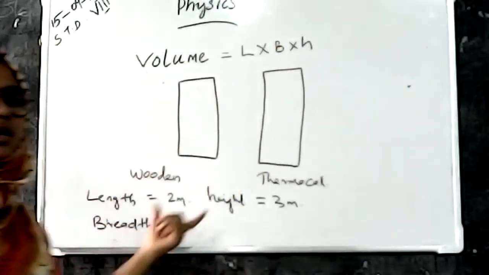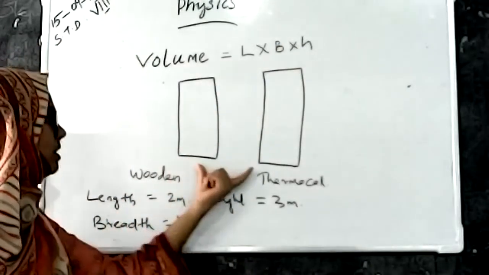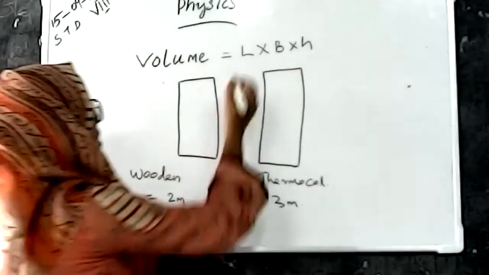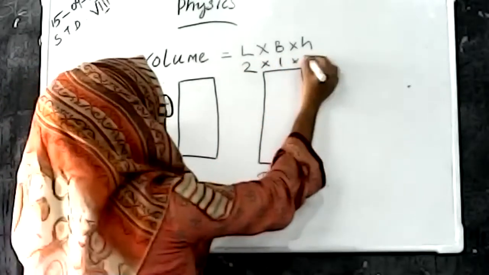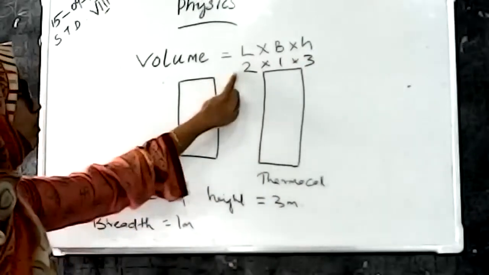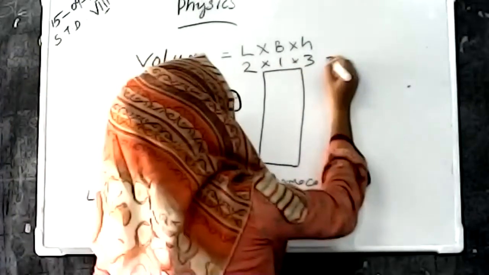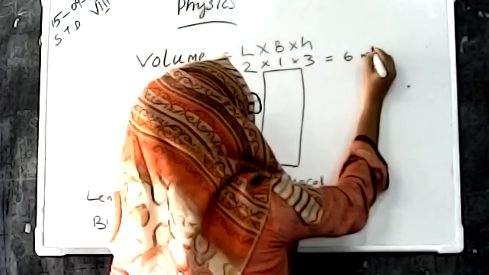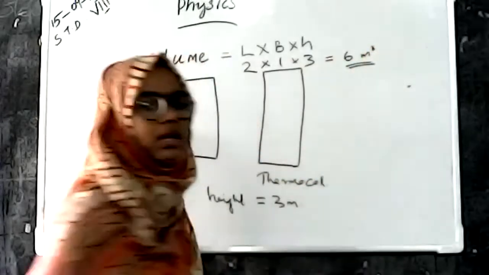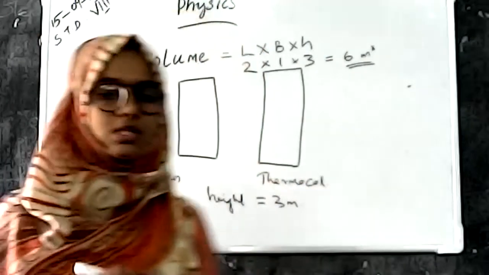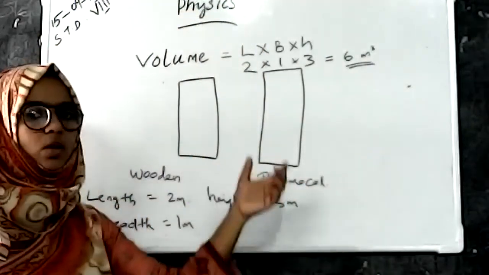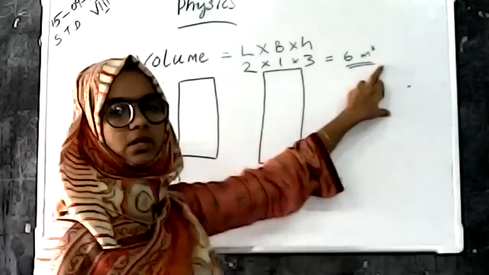So we can find the volume of these two blocks using 2 into 1 into 3, so 6 meter cube is the volume of these two blocks. These two blocks have the same volume, that is 6 meter cube.